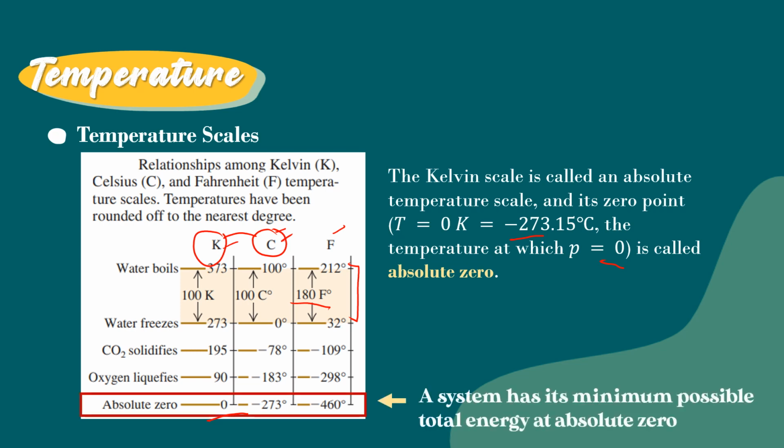What do we mean by absolute zero? It is the point where the system has its minimum possible total energy, or the particles inside the system are moving at the lowest possible value of motion, the slowest motion that the particles in the object could actually move.